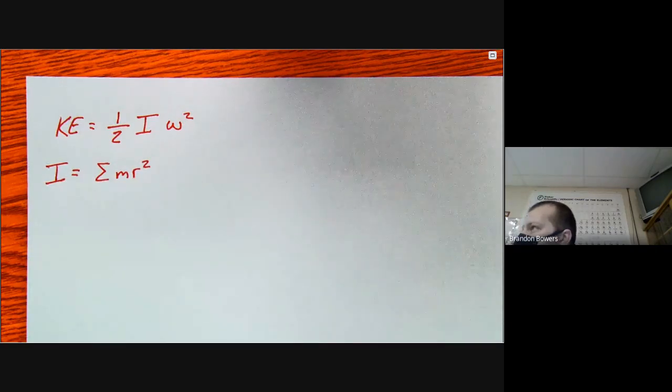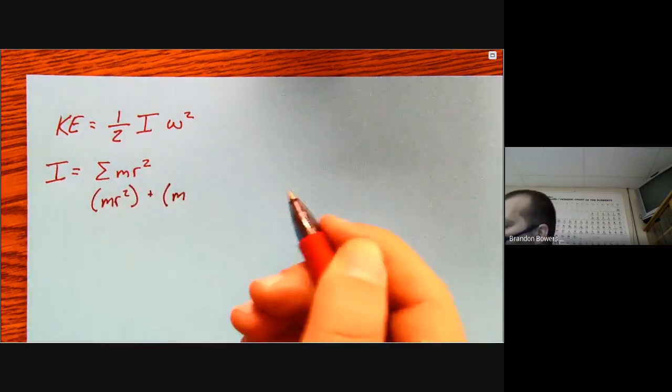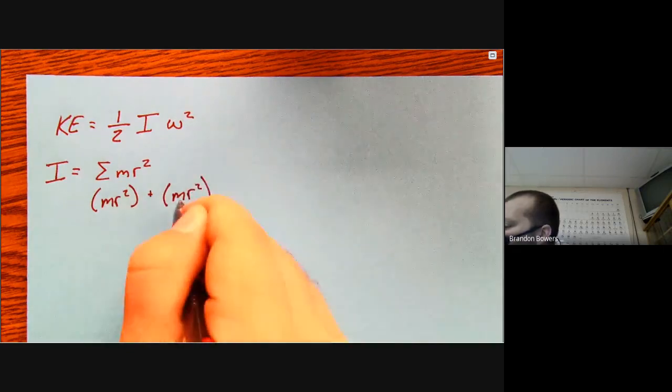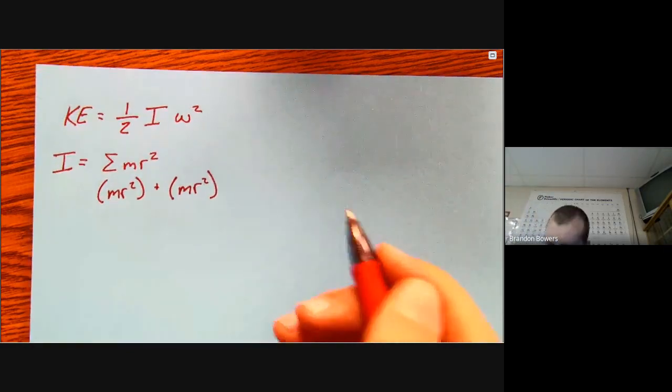Radius would still be positive. Would we put parentheses around the mr squared? Yeah, that makes it easier. For example, mr squared of one mass, and then a second mass would be like that. Okay, so we know inertia.